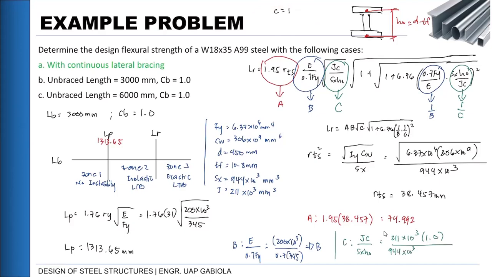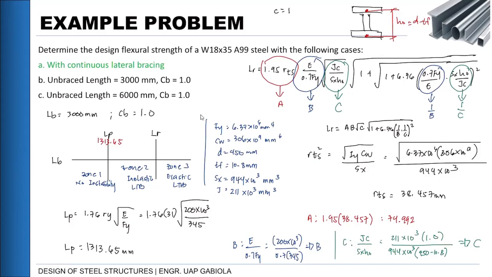And then, ang H sub O natin, again, is D minus DF. No? So, D natin is 450 minus 10.8. Okay? Whatever the answer, store natin sa letter C. Okay? So, let me calculate lang sa calcul ko. 211 times 10 to the 3 times 1.0 over 944 times 10 to the 3 times 450 minus 10.8. Then, store nyo sa letter C.